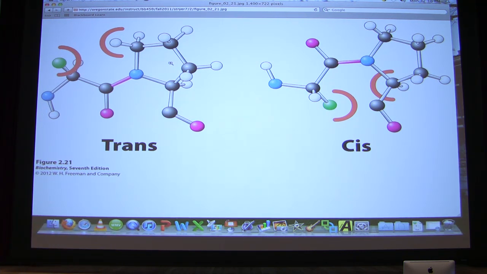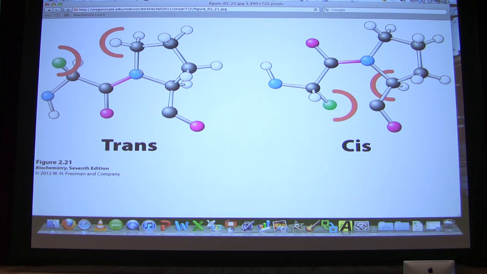And when I described the structures of the amino acids to you, I neglected to point out something very important about proline. Proline is the only amino acid whose R group makes a bond with the alpha amino. Okay, we can see that right here. Here's the alpha carbon, here is the R group coming off, and we see that the R group makes a bond with the alpha amino group.